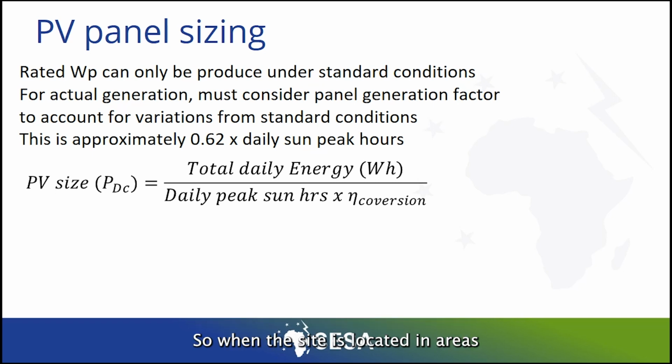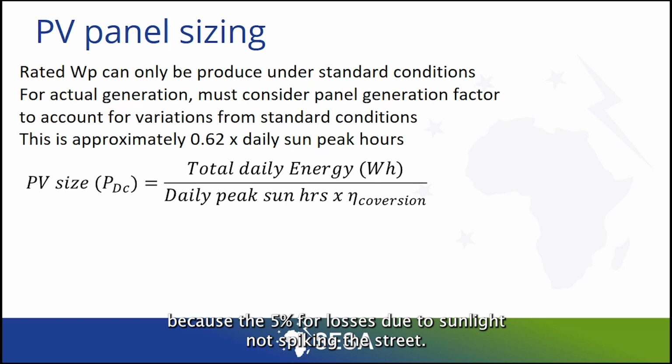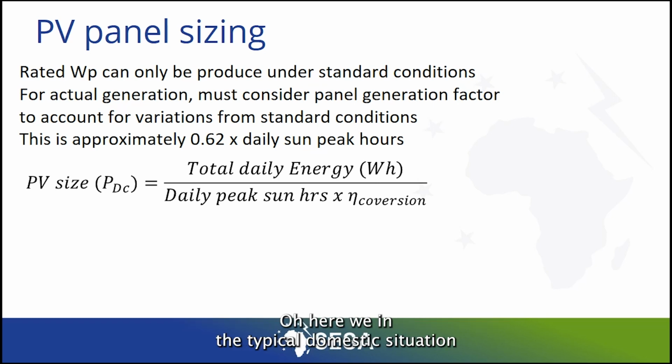So when the site is located in areas like Ghana, where the temperatures are always above 25 degrees Celsius, you will consider 15%. You consider 5% for losses due to sunlight not striking the panel straight on. Here in a typical domestic situation, the panels will be roof mounted.